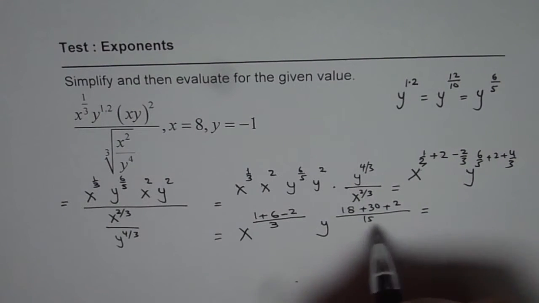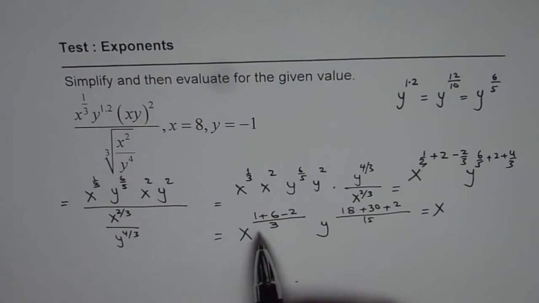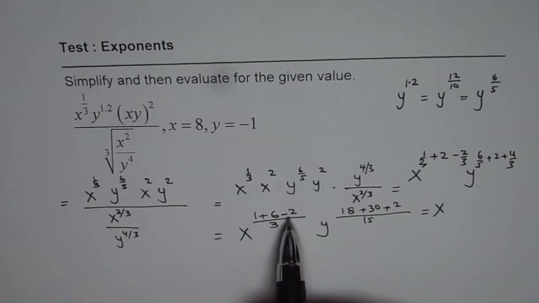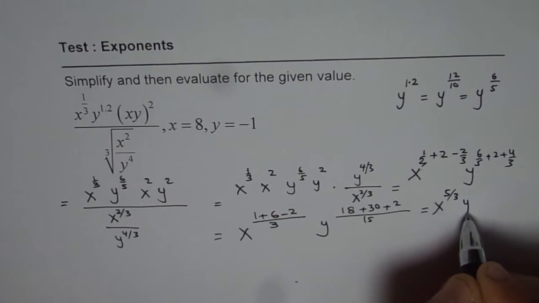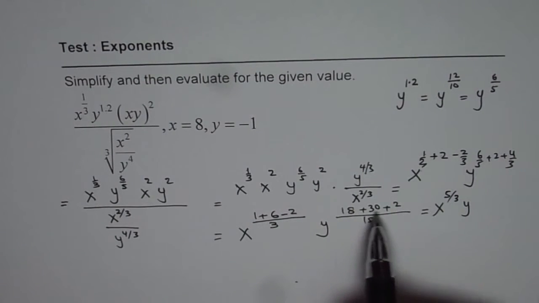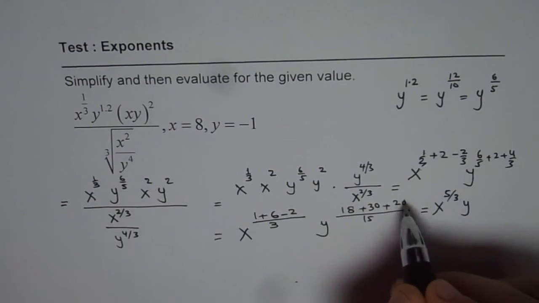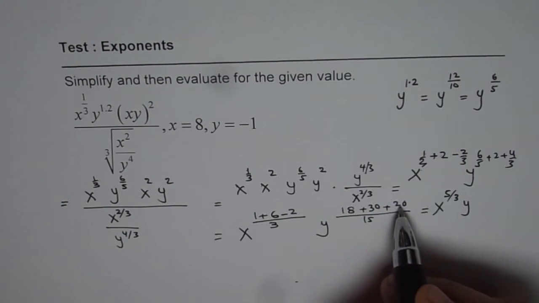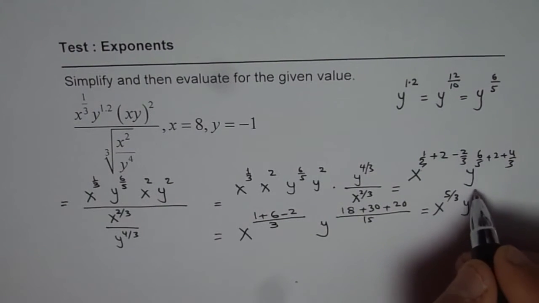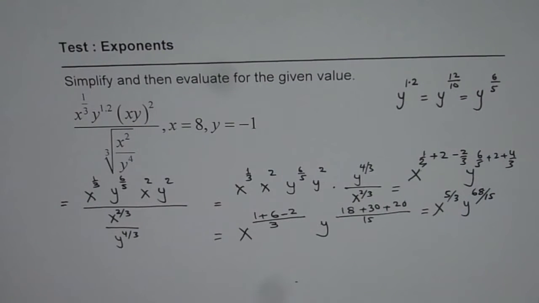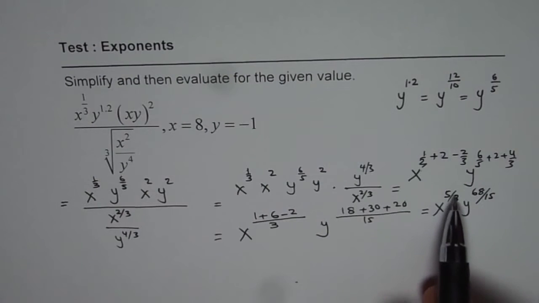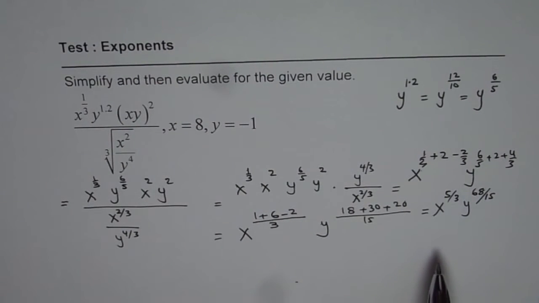This gives us x to the power of 7 minus 2, which is 5/3. And for y, 20 plus 30 is 50, plus 18 is 68, so 68/15. That is the y power. So we have got it in the simplest form: x to the power of 5/3 times y to the power of 68/15.